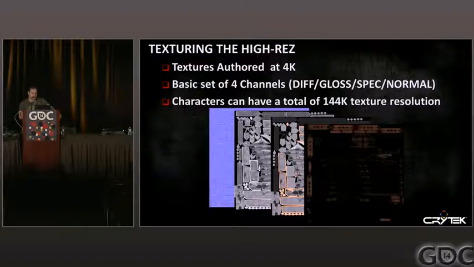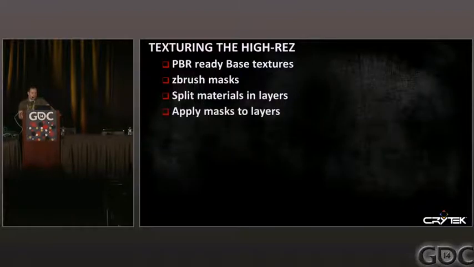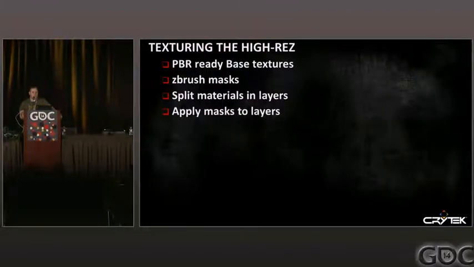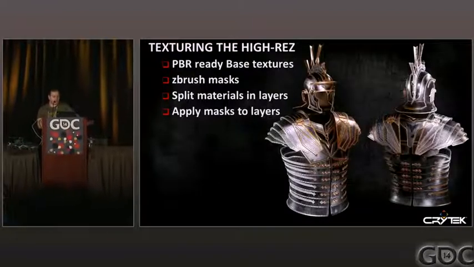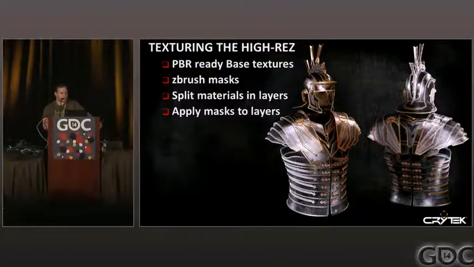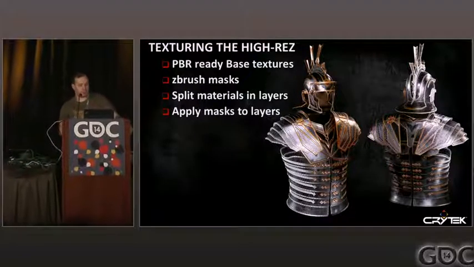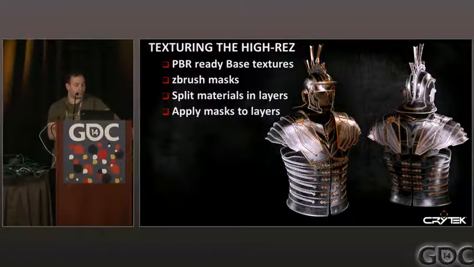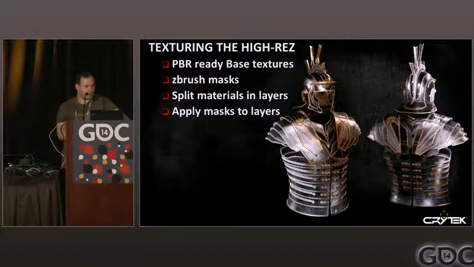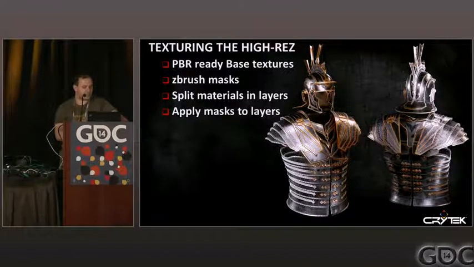The way we approach the texturing differs per artist again, but if we take Marius as an example, after creating the PBR-ready base textures, we split our material into layers in Photoshop and apply those masks created in ZBrush to just give more detail, like cavity, smooth edge, masking.